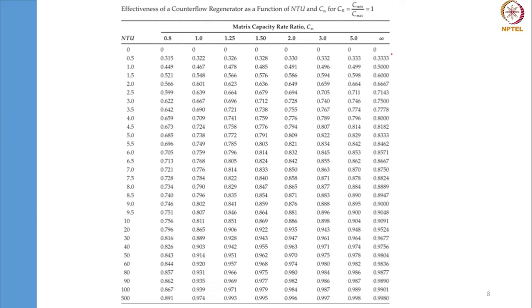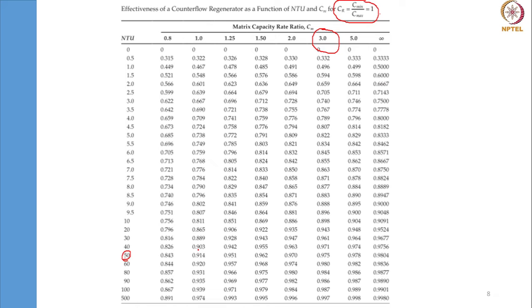So next, if this was a balanced flow, what we would have done is, for CR being 1 and for a certain heat matrix capacity ratio, for example, we'll take a case where matrix heat capacity ratio is 3 and NTU say is 50.